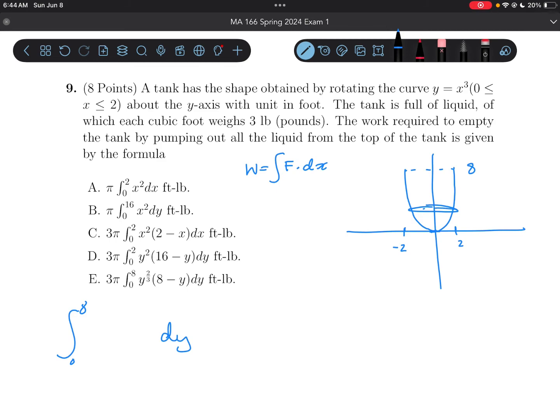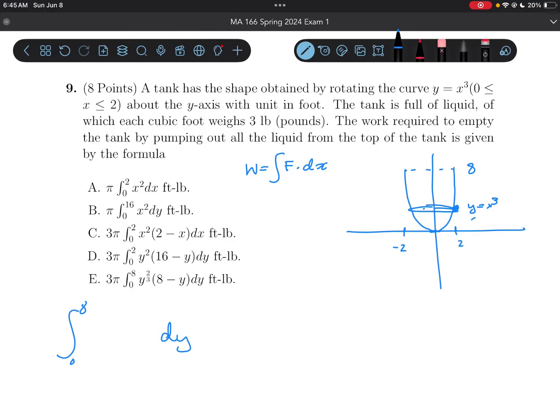So first we would find the area of this piece of water. The area of a circle is pi times r squared. The radius of this region is, well, we have y equals x cubed. So the radius of this region is x cubed then. But we need to have it in terms of y.